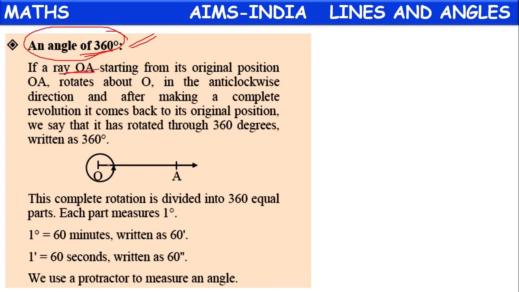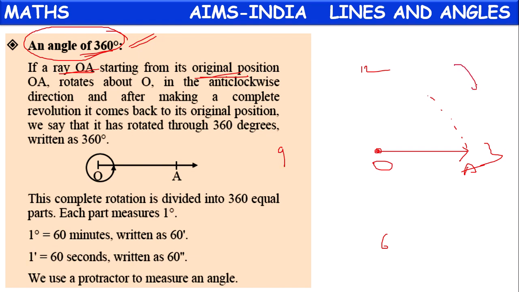So if ray OA, starting from its original position, rotates about O in the anti-clockwise direction, suppose this is 12, 3, 6, 9.